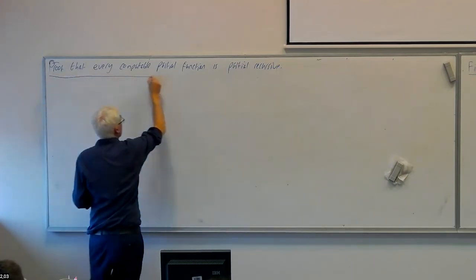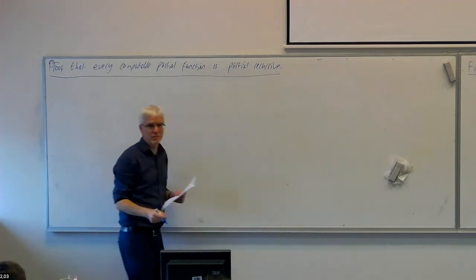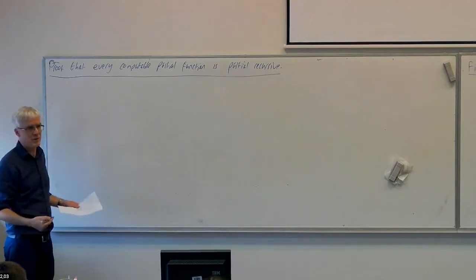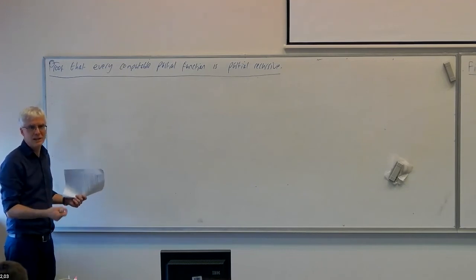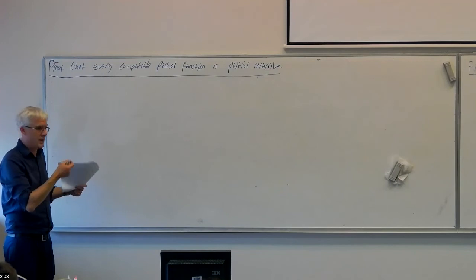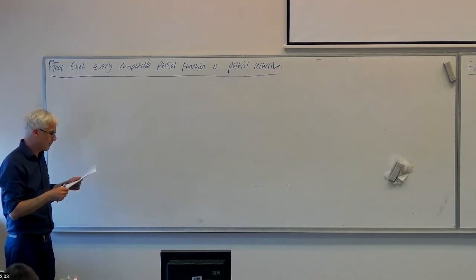And for this, we're going to work with the original definition of computable partial function using single tape Turing machines, as in the notes last week, using the product representation, giving the k inputs on one tape and separating them by commas.